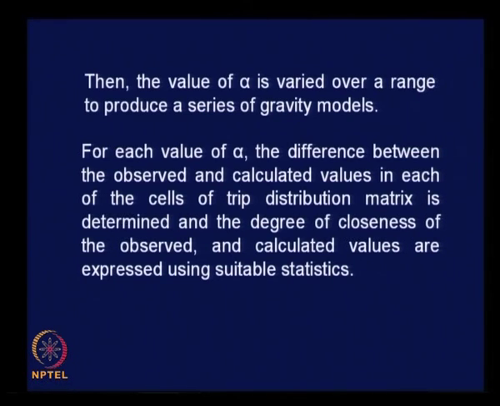Okay, cell 1 1 in the gravity model matrix and the corresponding cell in the field observed matrix, compare both the numbers, find the difference. Like that you compare cell by cell of the two matrices and get some indication of the level of match of the two matrices. And there are statistical procedures available to get the degree or level of match of two given sets of data.